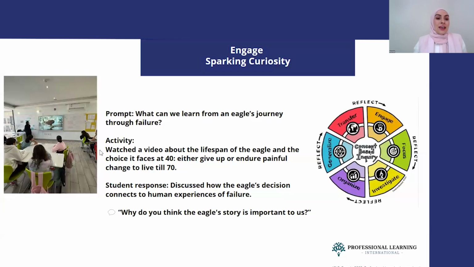They either have to fly to the top of the mountain and stay in the nest and start plucking their feathers and breaking their beaks so that new feathers and a new beak will grow, and then they would live up to 70 years, or they're just going to give up at the age of 40. We showed this video to the students and they were so amazed by it.